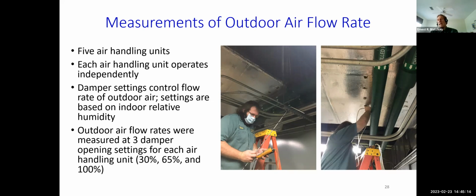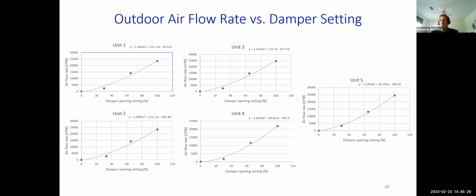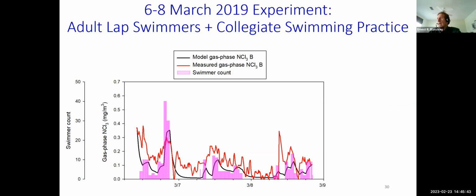The reason for doing that is that at this facility, they have real-time measurements of the damper opening as a function of time. Since we know the damper openings, we can use these measurements to relate those damper openings to an airflow rate. So from this, we now have relationships that allow us to estimate the volumetric flow rate of air into the system. And this is outside air that's being brought into the system.